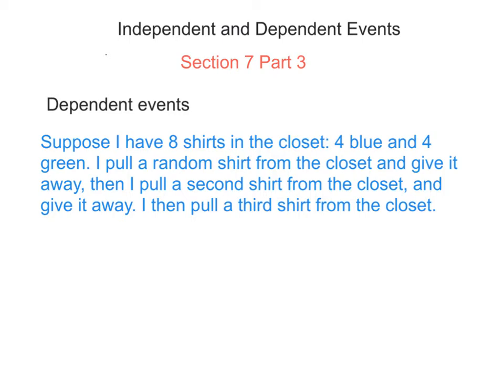Now, we'll take a look at it just a little bit more so you can get a better understanding. All right, so I want to know what is the probability that I get a green shirt the first time I pull a shirt, and then I get a blue shirt in the second event, and then the third time that I pull it is another green shirt.